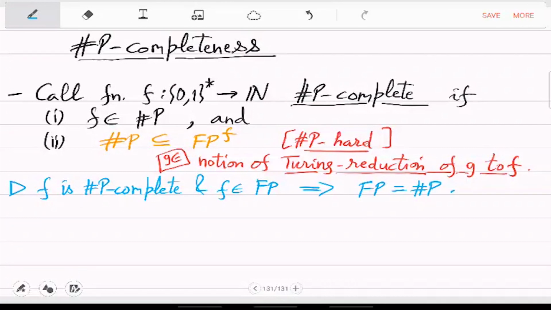Because if you can already solve F in functional polynomial time, then calling functional polynomial time as an oracle is still functional polynomial time. Okay, so just because of that, #P will be inside FP. That's the simple proof.